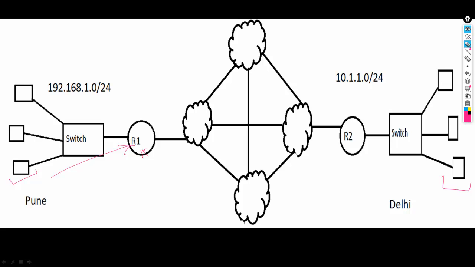Our router can send the data through this path, or can choose this path, or the data can go through this path as well. So we have multiple paths to send the data. So network layer will find the shortest and best path.